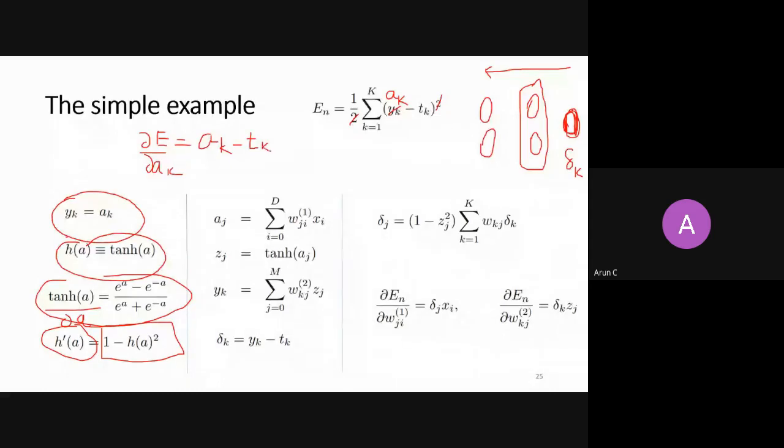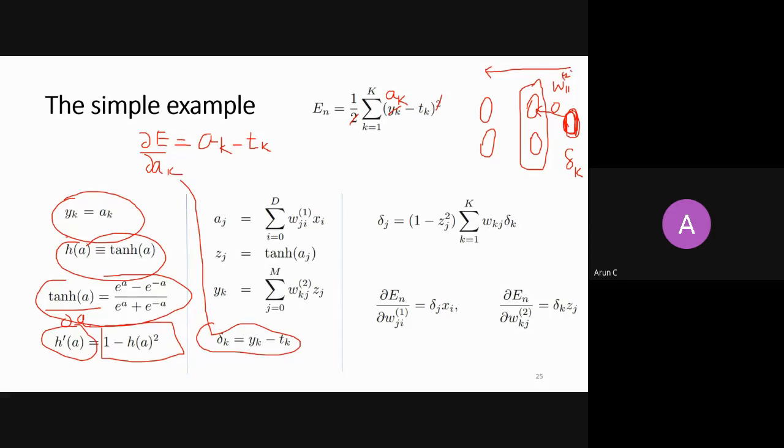So this is what we have calculated. This is delta k. Fine, so we have calculated delta k. Now I want to get back along this path. I told you, you multiply delta k with this weight. What is this weight? It is W11, and it is the second layer, so it's a superscript 2.